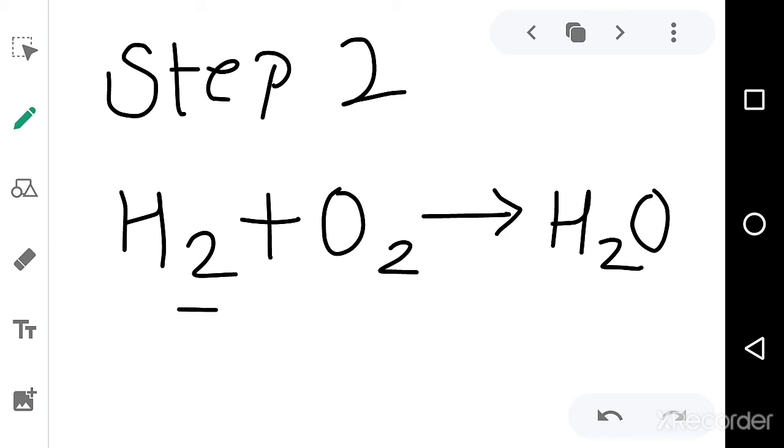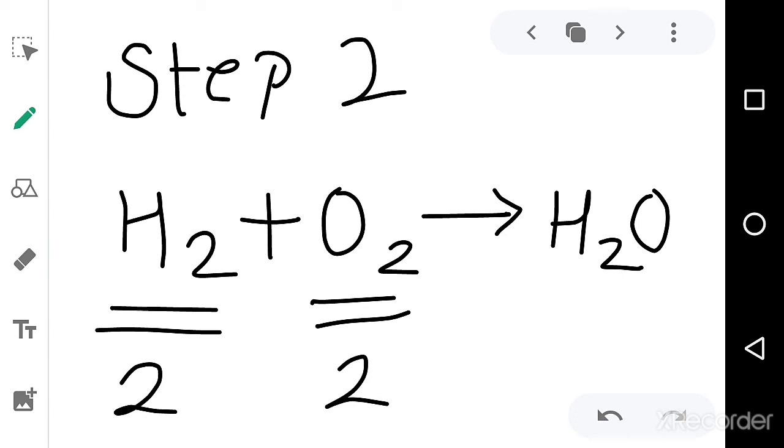Here you can see there are two hydrogen atoms. For oxygen, two oxygen atoms, but on the product side two hydrogen atoms and one oxygen atom.